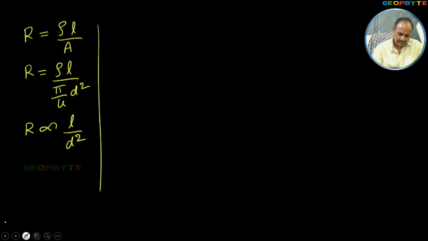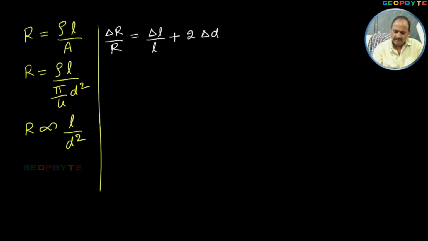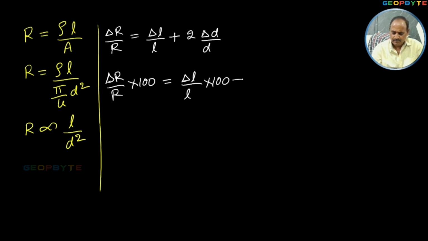Then let us write in terms of percentage of the error: delta R by R equal to delta L by L plus 2 into delta D by D. Or delta R by R into 100 equal to delta L by L into 100 plus 2 into delta D by D into 100.